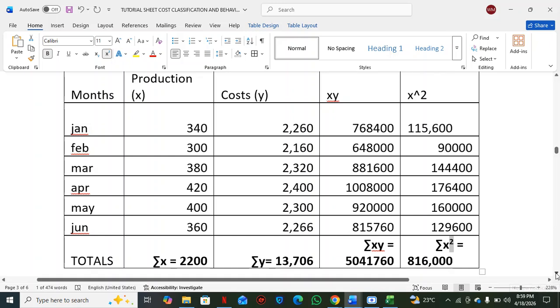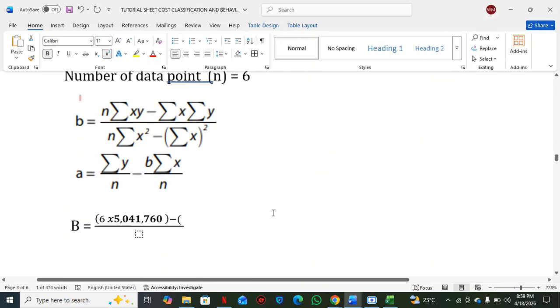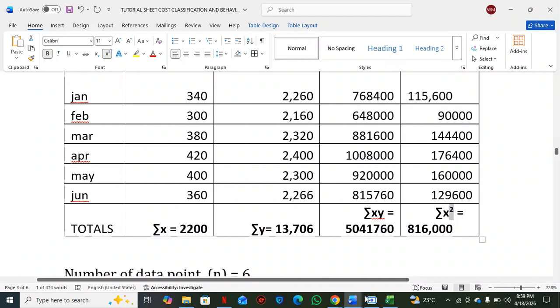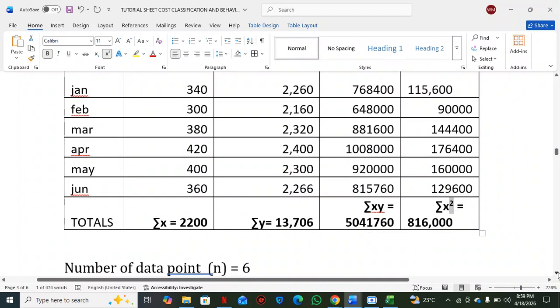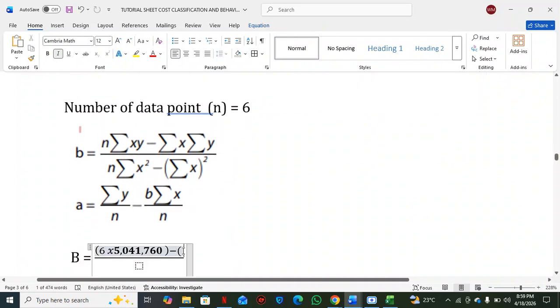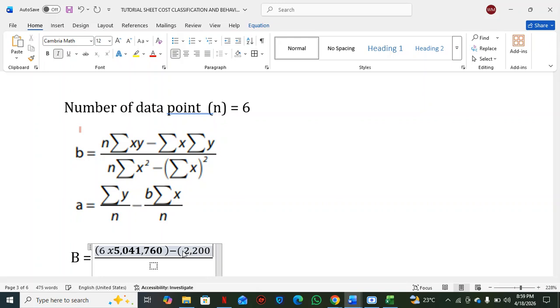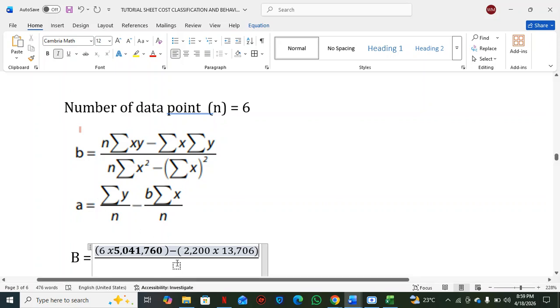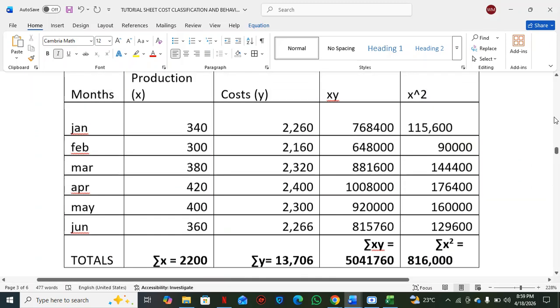So sigma X, that was 2,200, multiplied by 13,706, over n, where n is 6, multiplied by sigma X squared, which is this one here, 816,000.